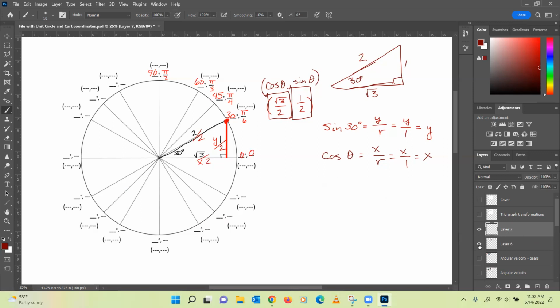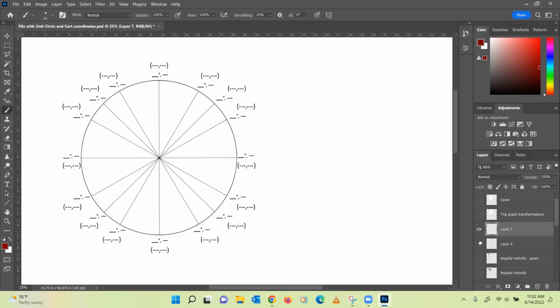So let me hide what I have on there. We'll do a little bit more here. Again, we have 0 degrees, 30 degrees, 45 degrees, 60 degrees, 90. We'll have our 2 triangles, just for reference.